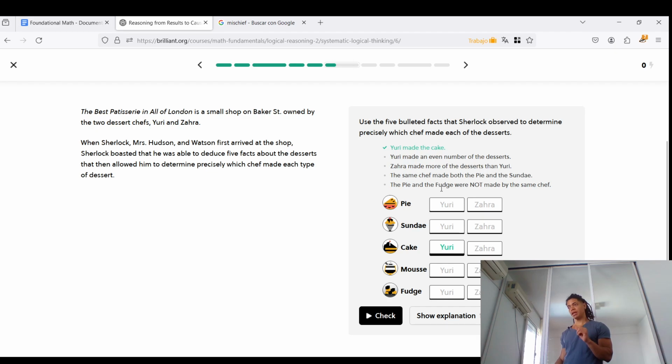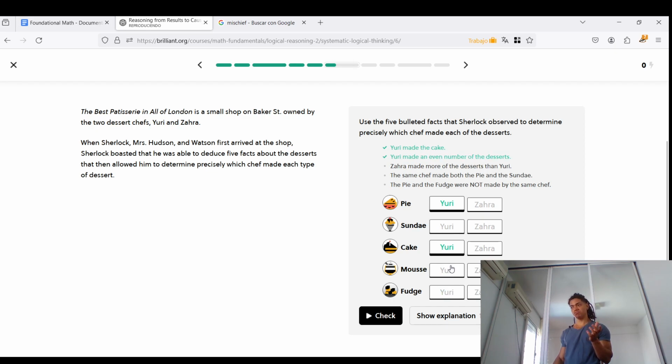So what we can safely say here is that because the pie and the fudge were not made by the same chef, it means that one possible combination is this.